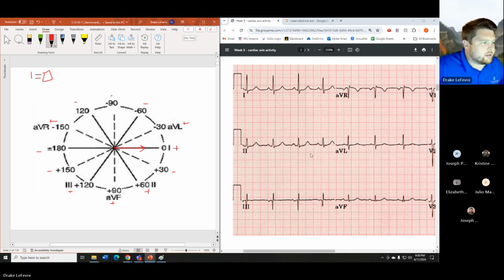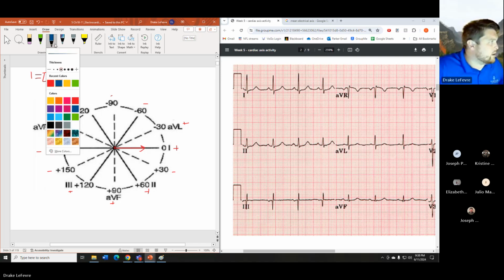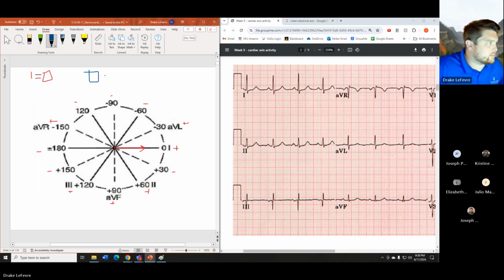Let's look at which one is next, or which one looks the biggest. I would say let's take AVR. AVR looks very negative. Clearly, the QRS goes negative. No arguments there. So we find our AVR line right here.